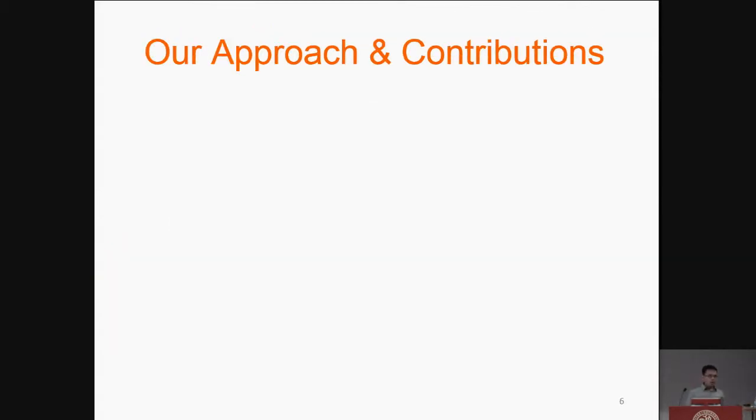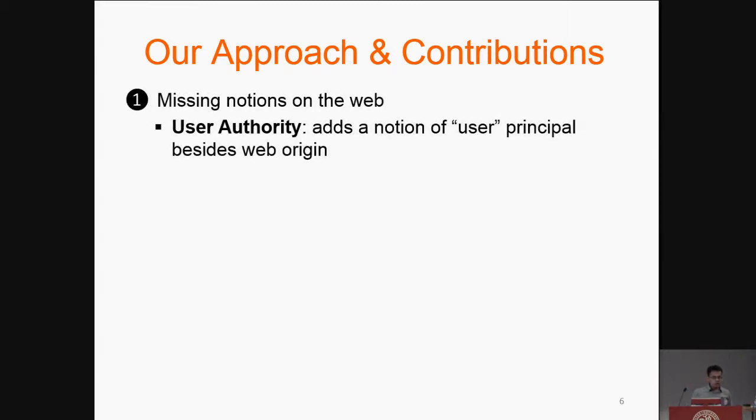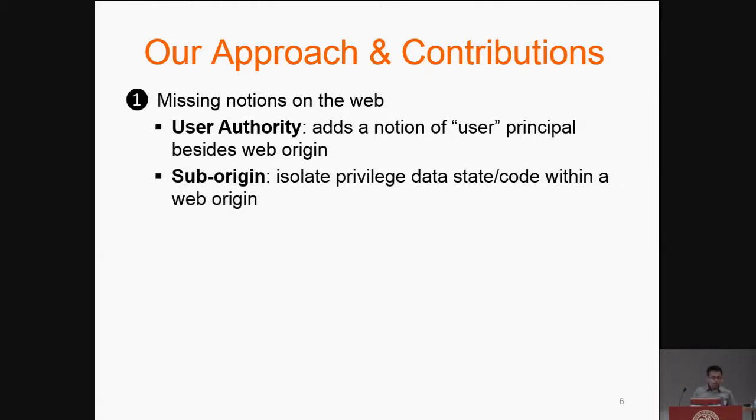As part of our contribution, we propose to augment the web with the following notions. First, we introduce the notion of user authority, which complements the currently existing web origin by adding the notion of a user principal. Secondly, we introduce a novel primitive which we call a sub-origin, which is essentially a component that can isolate privileged data, state and code within a web origin.